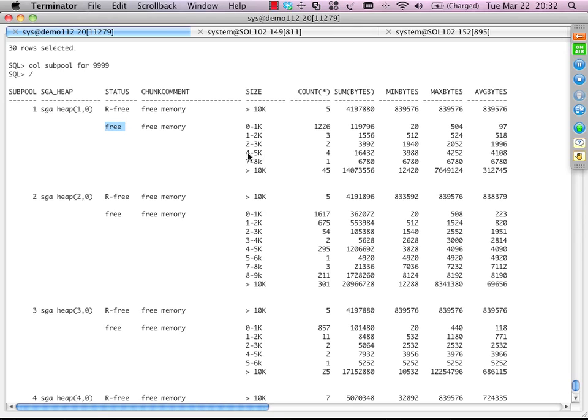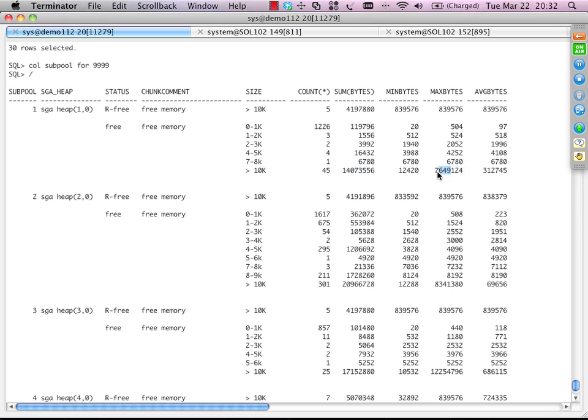So what you see from here is that we have 45 chunks which are bigger than 10 kilobytes in sub-pool number 1, right? So the total space is 14 megs, and the max bytes is what you want.